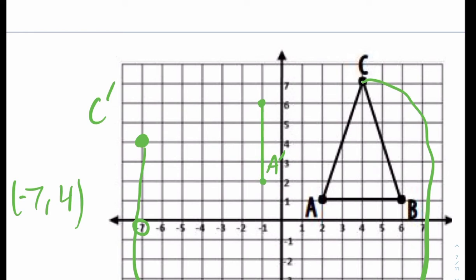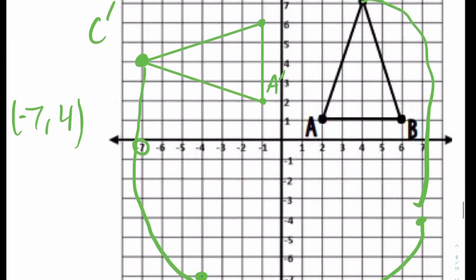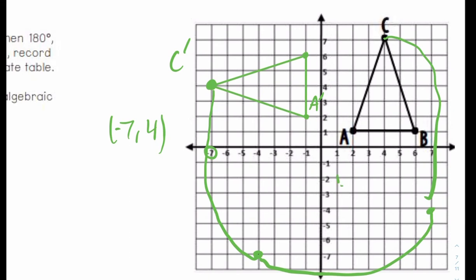But let's connect these dots with lines so we can get this picture. We spun it 180 degrees, and then we turned it one last time, and now C is facing the left, and A and B are towards the y-axis. B prime and A prime are right next to the y-axis. And now that the whole thing's drawn, it does make sense. We did do it right.